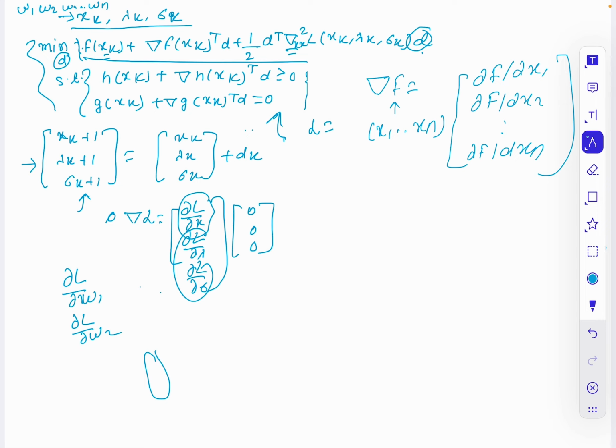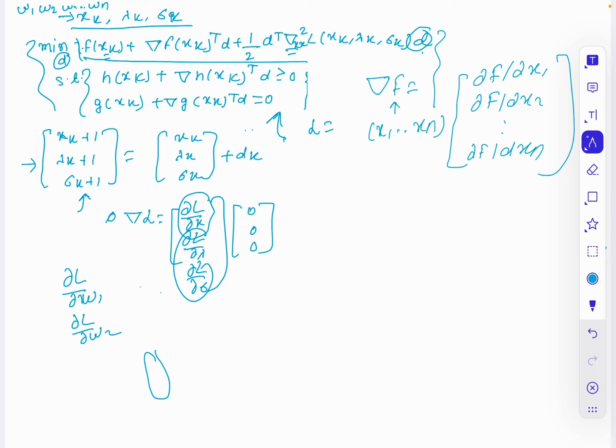After you find these things, make an initial guess for your weight matrix and then lambda and sigma, which are the Lagrangian parameters. After you make an initial guess, formulate the Lagrangian subproblem. This is the SQP subproblem, or the Lagrangian subproblem, as we call it. After you solve this subproblem, you get the value of d.